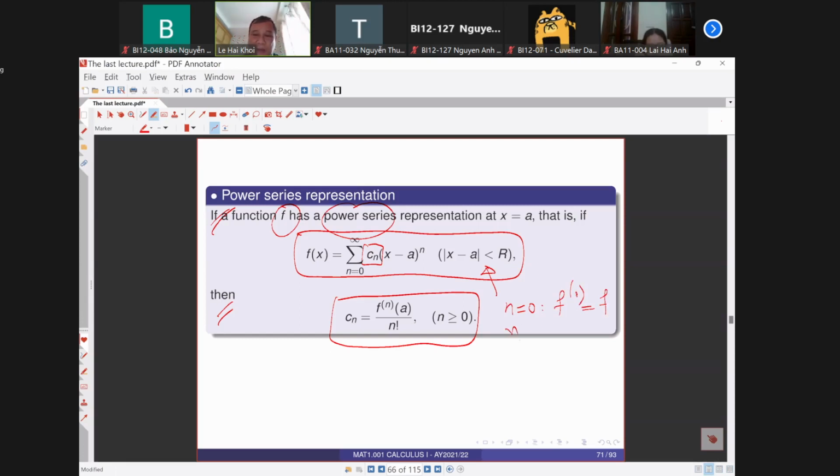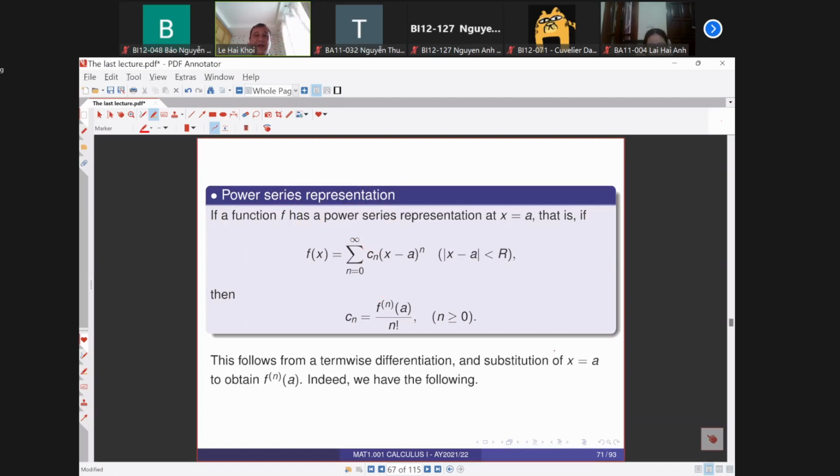For n bigger than or equal to 1, you have the derivative. So this is very interesting. You have a power series representation, then you can determine the coefficient. How? Very easy. From term-wise differentiation, you differentiate first, and then you substitute x equal to a.